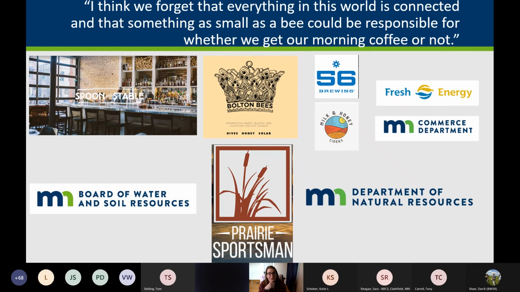We're also working with our partners in the Department of Ag to try to pull all these things together, working with a not-for-profit, Fresh Energy. And wouldn't you know it, Bolton Bees has some hives out on these solar sites. So they're collecting, I think, what they call solar honey. And then that honey is being used at Spoon and Stable, which is a restaurant in the cities. They're using it in some of their desserts.